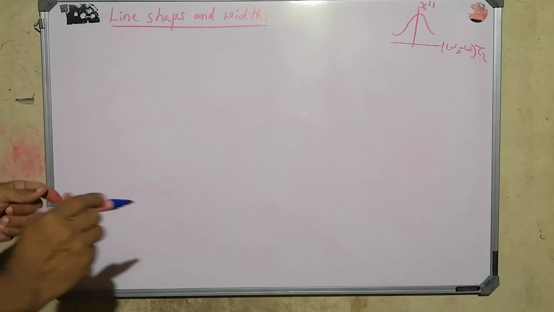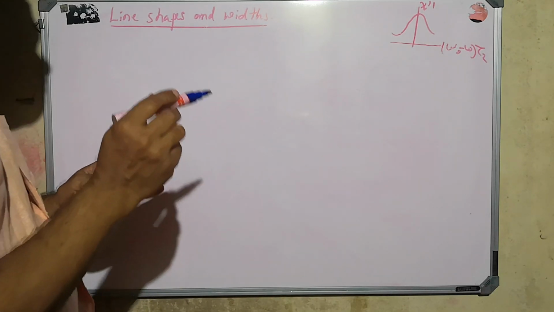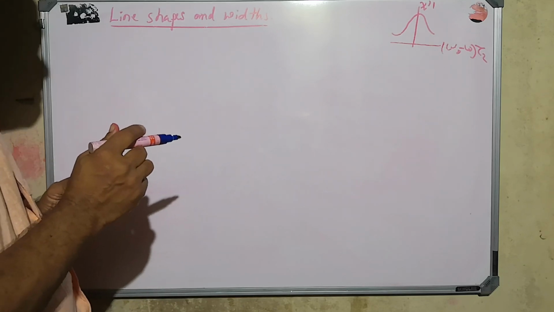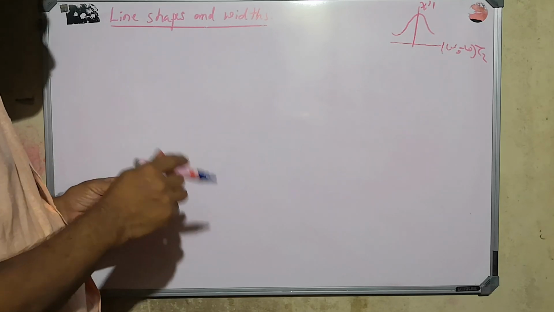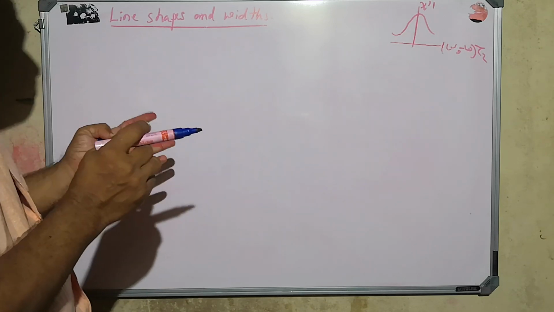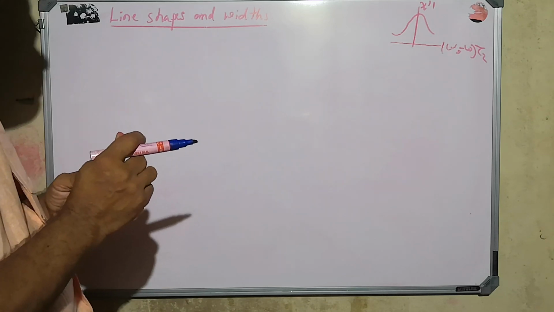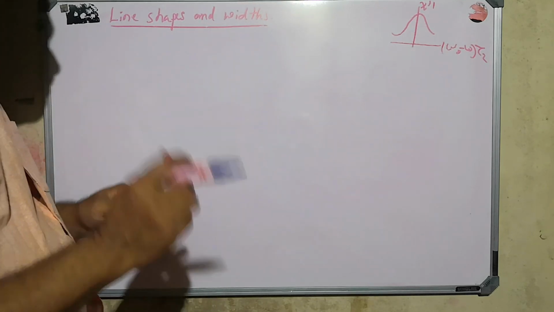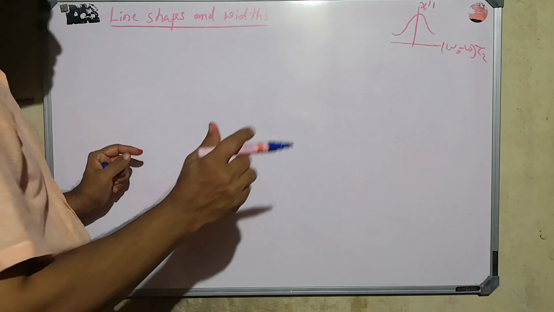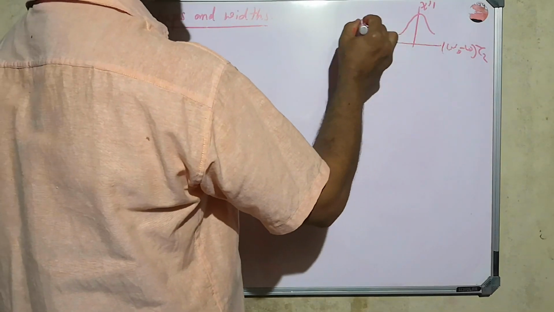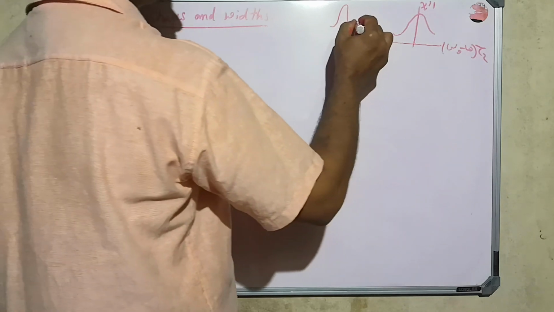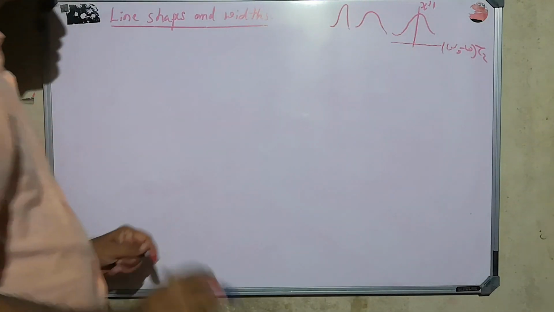That means when you compare the absorption curve of a particular gas with a particular solid, the curve is sharp for gases and flat for solids.